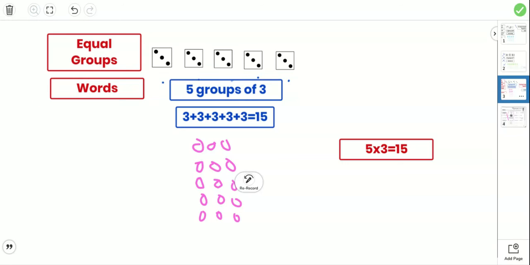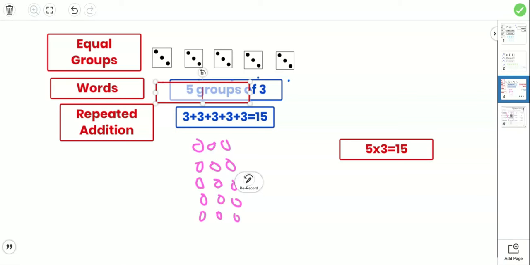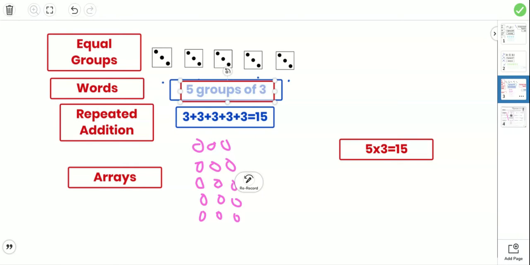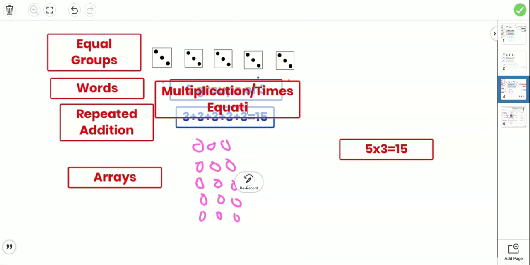We practiced repeated addition equations. We created arrays with rows and columns to show our equal groups or repeated number. And then lastly, we practiced making a multiplication, also called times, equation.